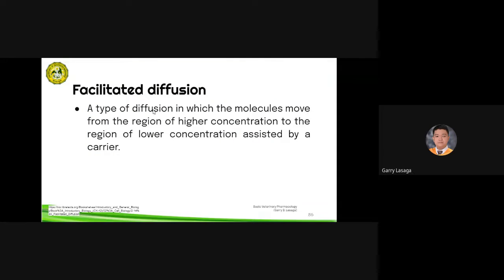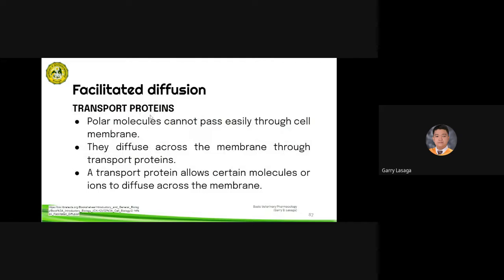Basically, the main driving force for facilitated diffusion is the same as for simple diffusion: the concentration gradient, meaning from an area of higher to lower concentration. This is also assisted by a protein known as a carrier protein.